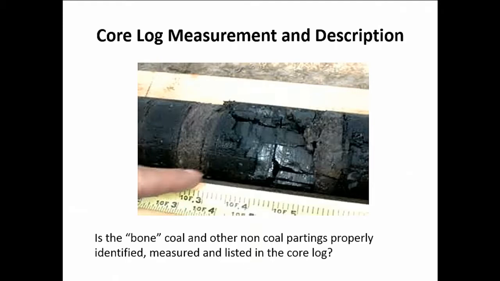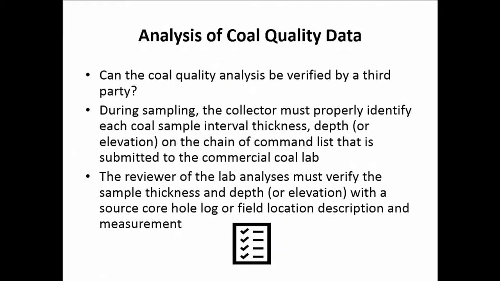Is this material properly identified and listed in thickness in the geologic report, in the coal thickness measurement? Well, it should be, because it is impurity and it is waste and it is mined, yes, but you've got to consider that in the waste factor.